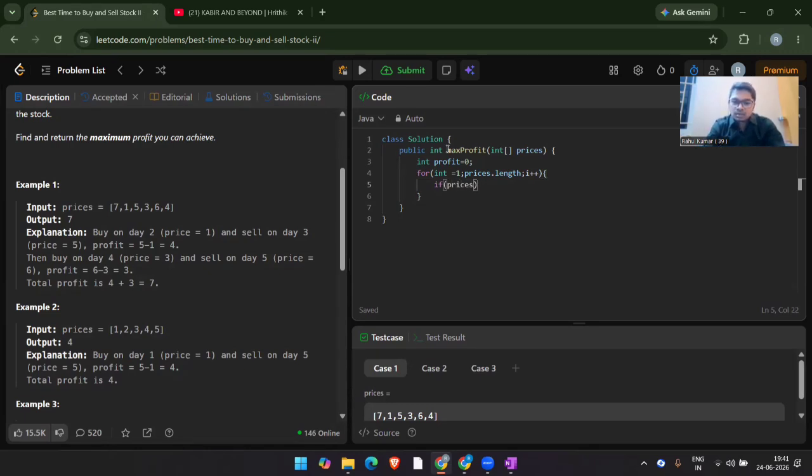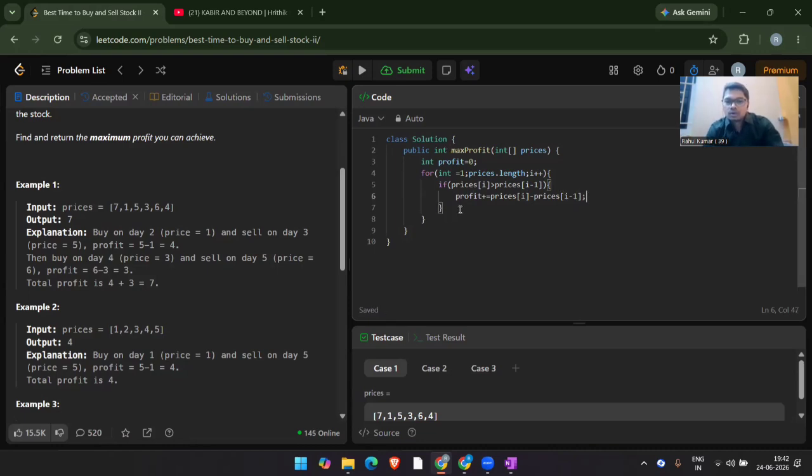If prices of the ith position is greater than the prices of the previous position, then I'll simply do profit plus equal to prices i minus prices i minus 1, I mean previous position. Now after completing this loop, I'll simply return profit.